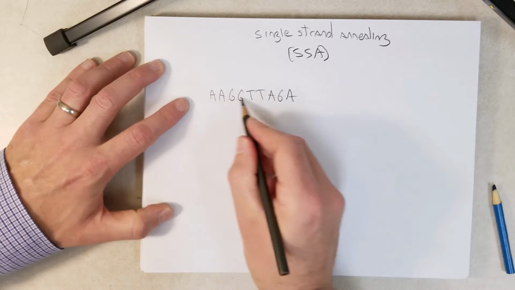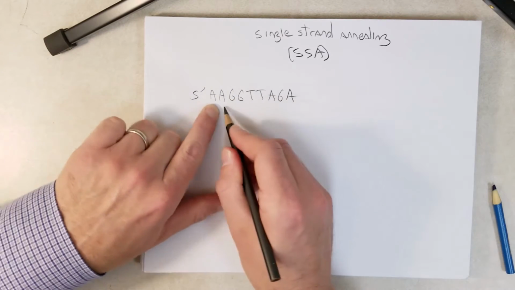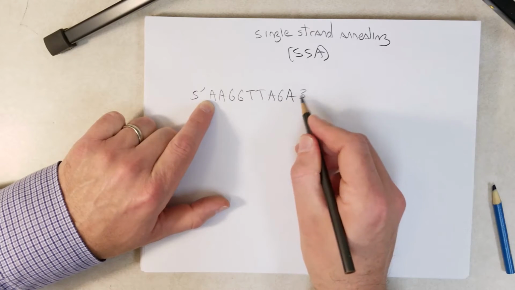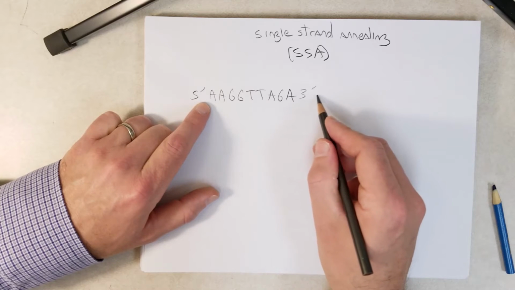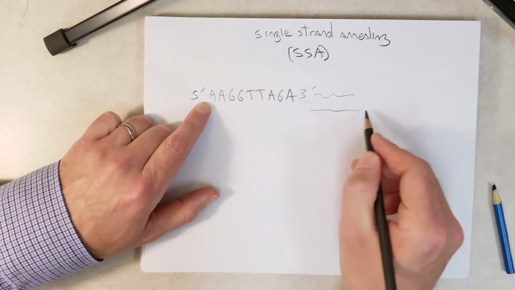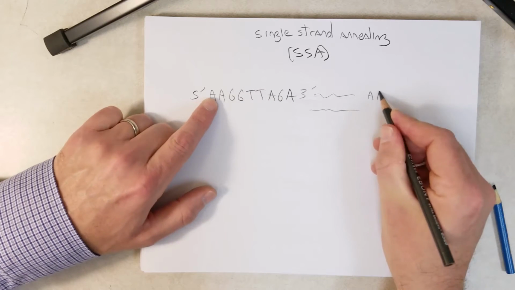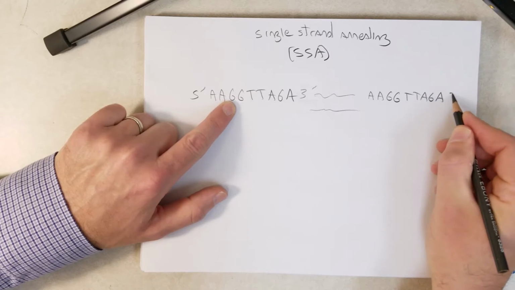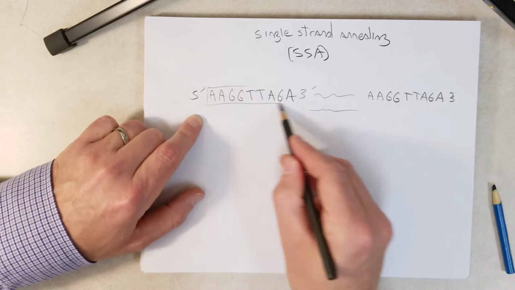Here's a sequence of DNA, and I won't put the complementary sequence down here. Let's just look at this sequence right here, going from 5' to 3'. Let's say there are some random bases in here, and somewhere downstream, we see the exact same sequence again. So this would be called a direct repeat.